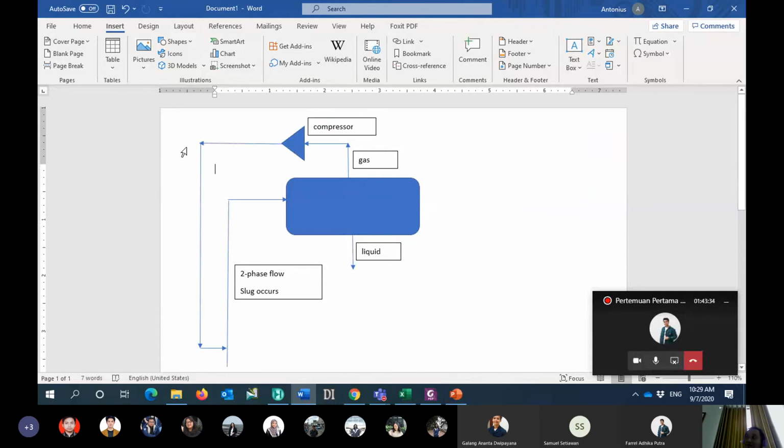The volumetric flow is 2 times while the pipeline is the same, so the linear velocity of the gas will be higher. The superficial velocity will be faster. With a higher linear velocity, I shift from the slug region to the annular region.